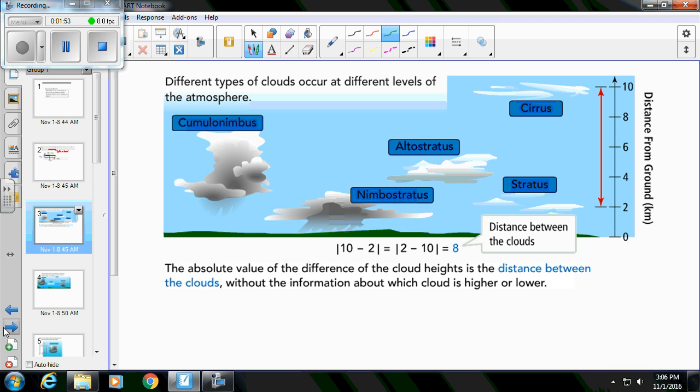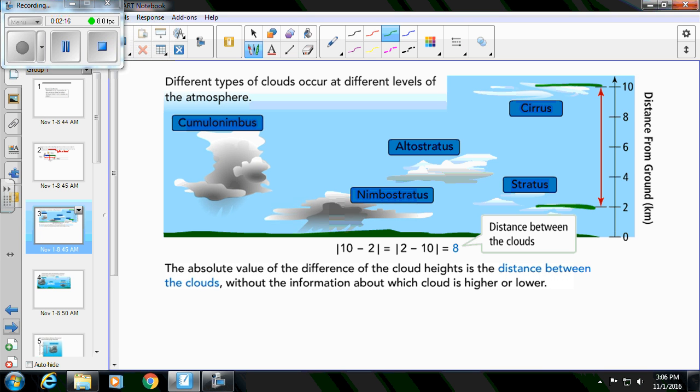So now let's look at these clouds. Different types of clouds occur at different levels in the atmosphere. We have cumulonimbus, altostratus, nimbostratus, stratus, and cirrus. Okay? The distance between the clouds, let's look at the cirrus and the stratus clouds.